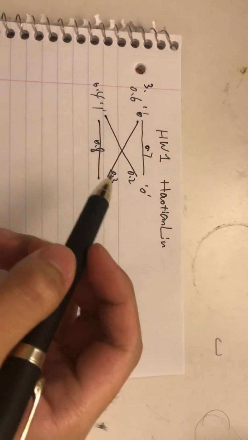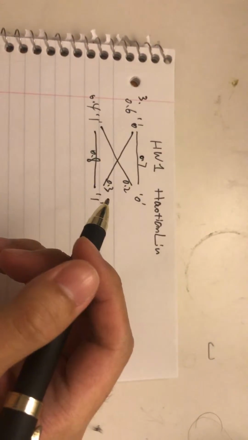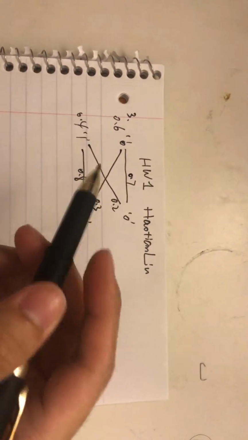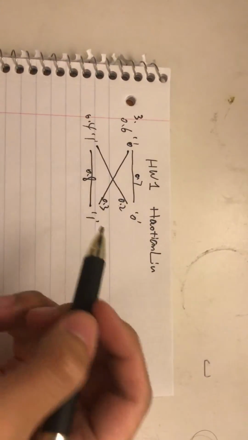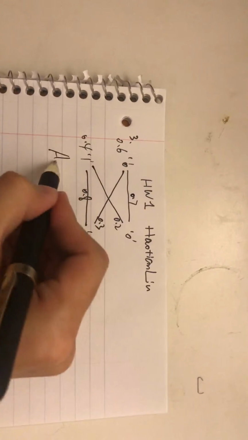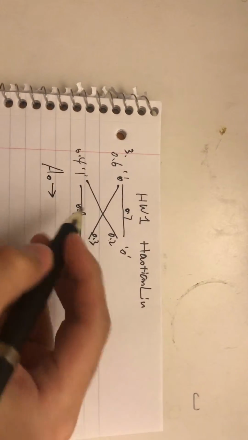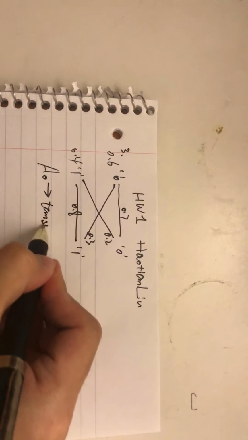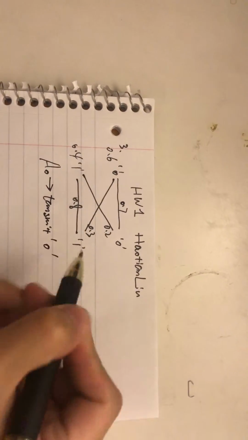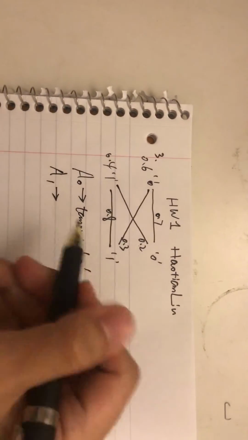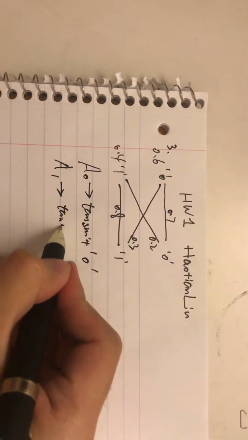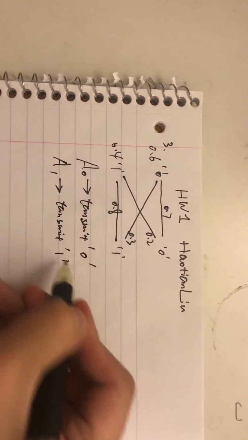As you can see, there are two outcomes for transmitting data, 0 and 1. So we use A0 to denote transmit 0, and we use A1 to denote transmit 1.